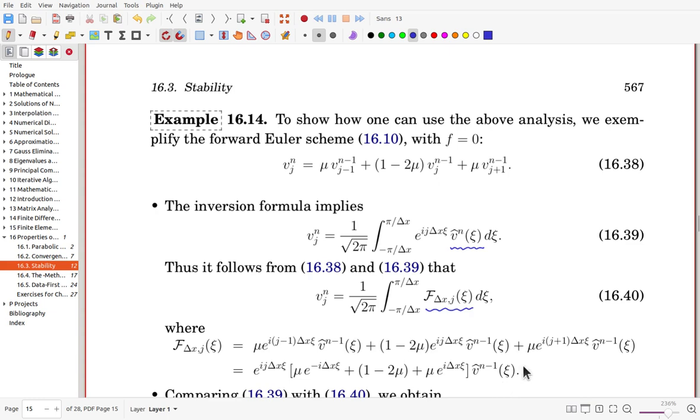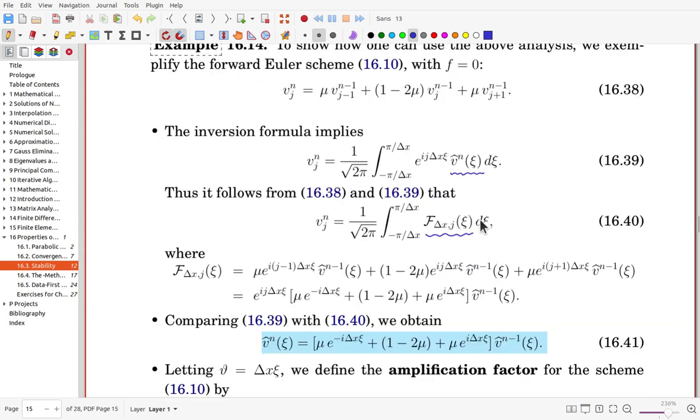Okay, now this quantity must be the same as that one, so that is exactly this one. So we cancel this portion, and V hat n must be the same as that one. Eventually this portion becomes the amplification factor.